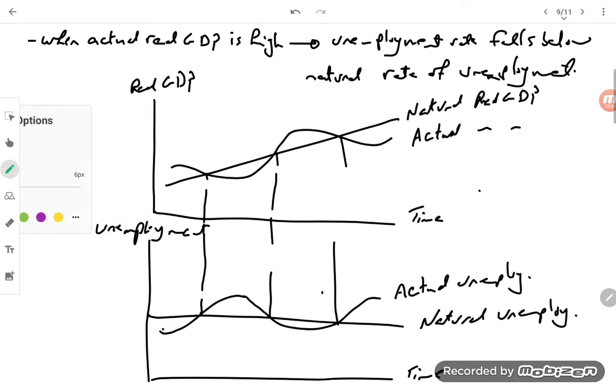As you can notice, when actual real GDP is greater than natural, actual unemployment is lower than natural. Okay, and vice versa. When natural real GDP is greater than actual, actual unemployment is greater than natural. When real GDP actual equals natural, unemployment rate actual equals natural.